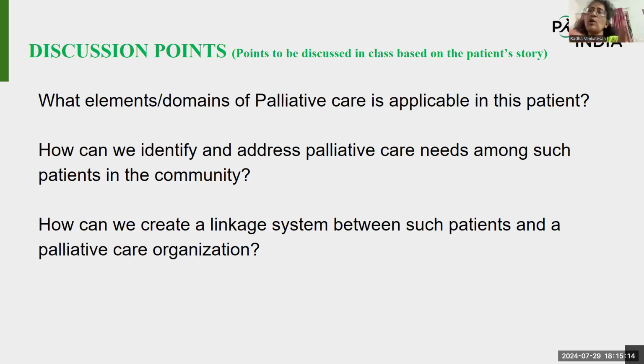Is this patient in need of palliative care, and what can be done? How do you identify and address these issues which crop up in the community? What link can you make, or how can you help this patient? Sangeet, we can come out of this presentation so that we can all discuss.